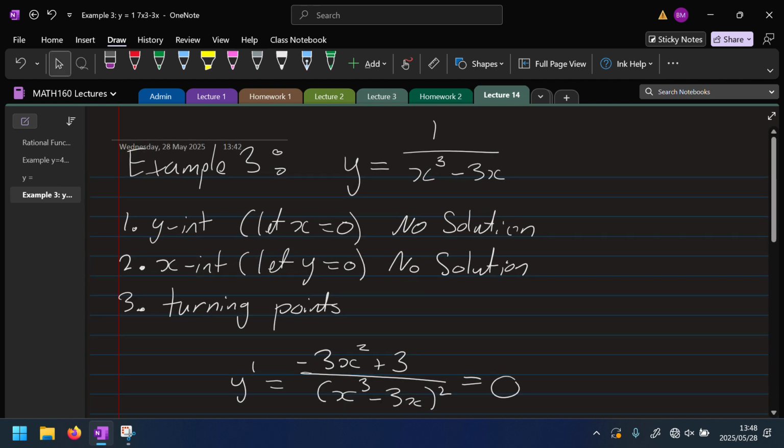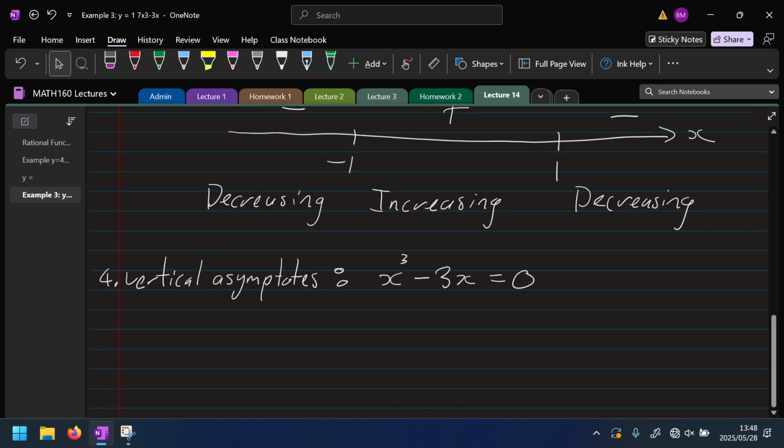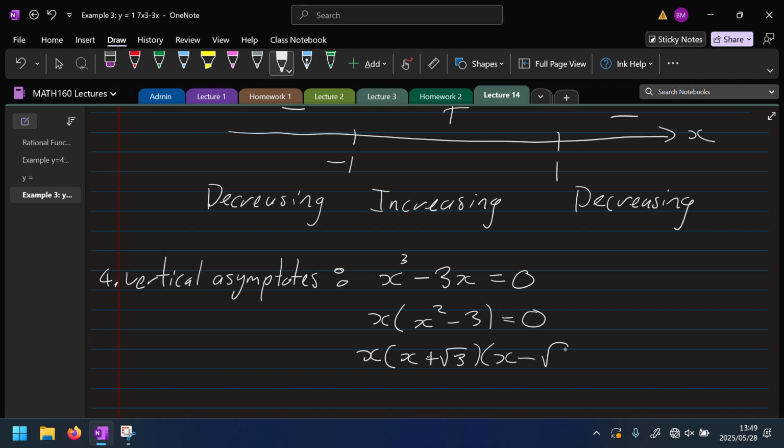Again, whatever's at the bottom there, we set that to 0 and we try and solve. So we've got x cubed minus 3x, common factor of x. We can take that out. So we get x times (x squared minus 3) is equal to 0. Then that second part there, x squared minus 3, we can factor that further. So we get x plus root 3 and x minus root 3.